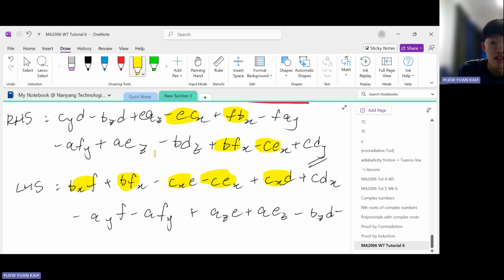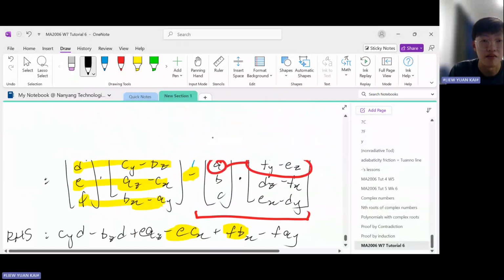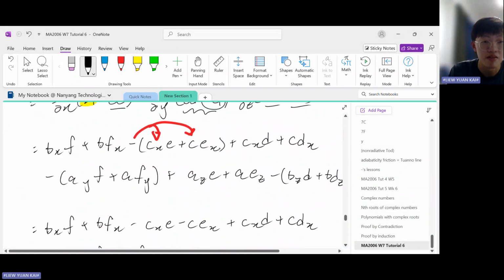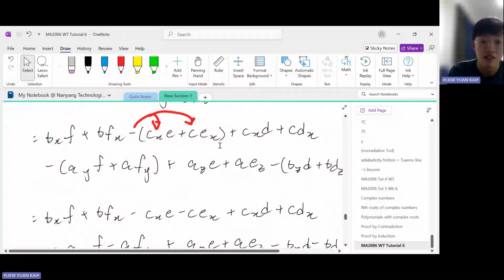CXD, is CXD here? Oops, I copied something wrongly. It's supposed to be CYD. Wait, let me go back up. That means I made a writing error here.